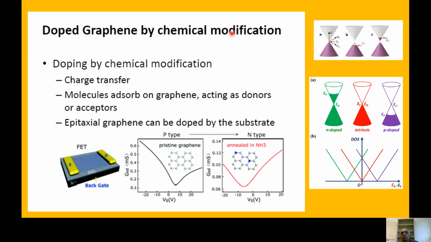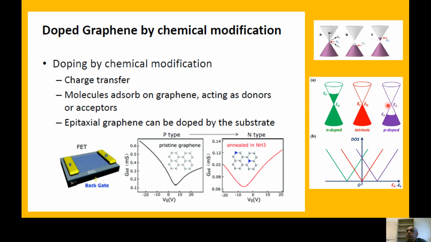In the case of chemicals, you can do the same thing. Suppose initially your Fermi energy is here, at the Dirac point. This is the intrinsic case. If I functionalize with an N-type dopant, that means I can move your Fermi energy to the conduction band.